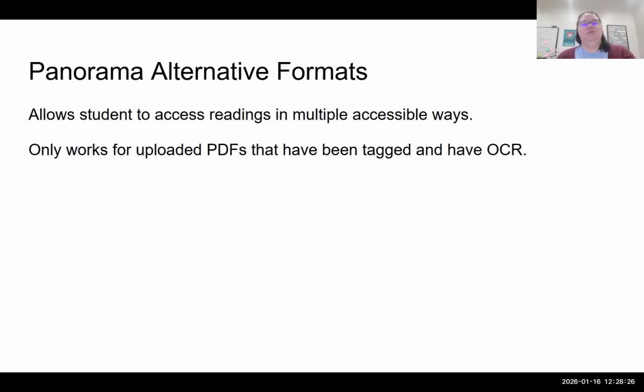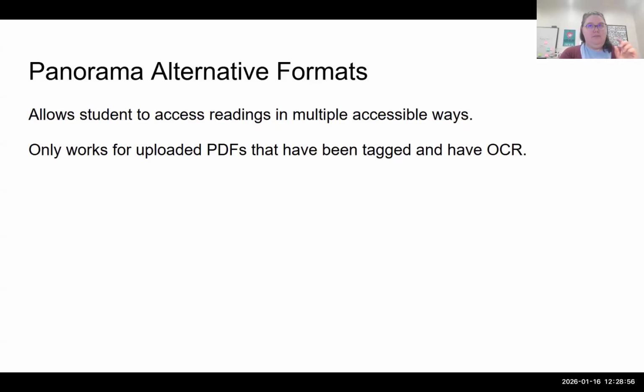One of the reasons that you really might want to make sure that any uploaded content is accessible, instead of linking out to things, is using Panorama's alternative formats. All right. So this is on the student side. When you upload a Word document or a PDF or something else like this, Panorama will try to give different options on how students can access the content.